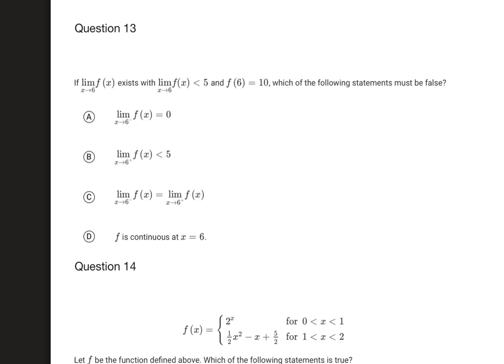Okay, let's just look at the answer choices. And keep in mind they say the limit exists. So let's just graph it to see, and that's kind of what I'm doing in my head anyways. So let's look at x equals 6, and let's say this is 5.